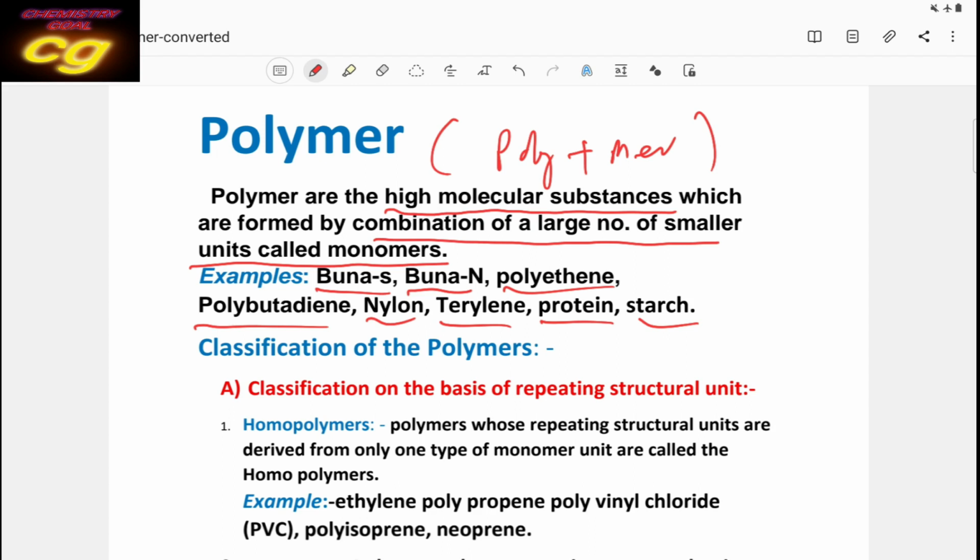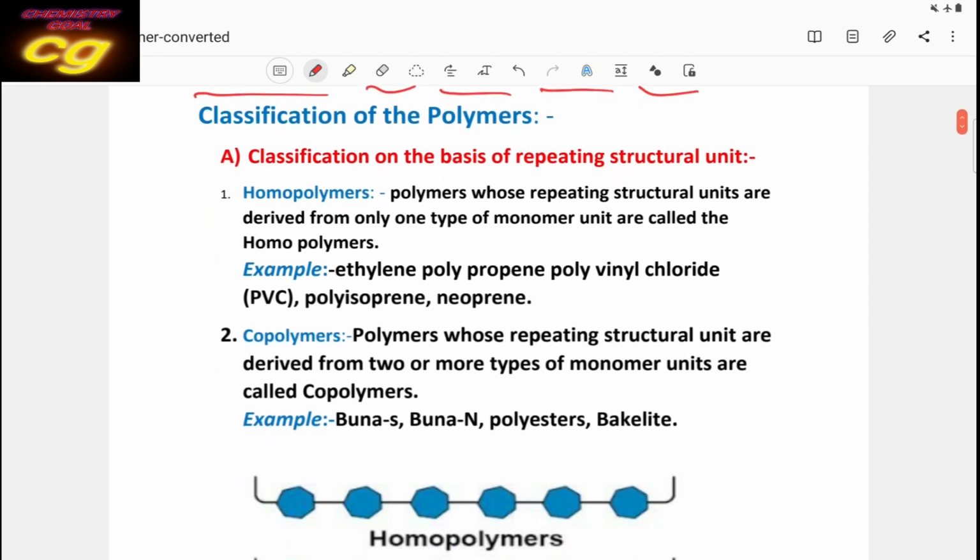So next, what is the classification of polymer? The types of polymer are based on properties. First, classification of polymer on the basis of structural unit. Repeated structural units give the particular polymer. Generally, on the basis of structural unit, polymers are two types, that is homopolymer and copolymer.